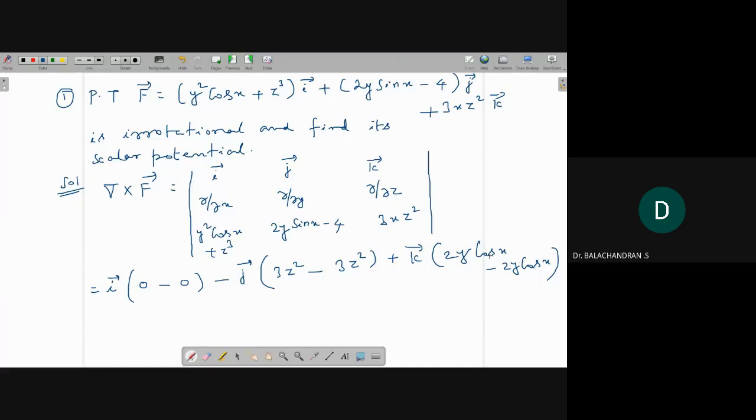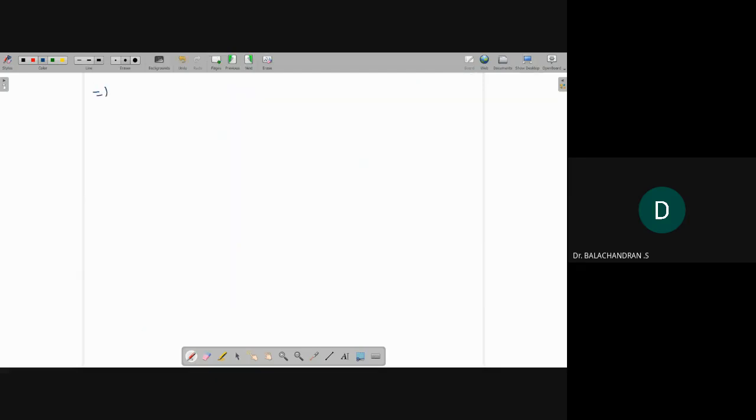So 0, 0, 0. So finally we get 0. So this implies del cross F vector equal to 0. This implies F vector is irrotational.